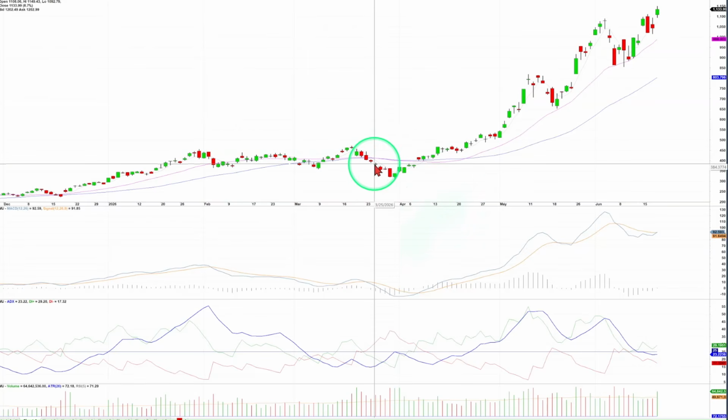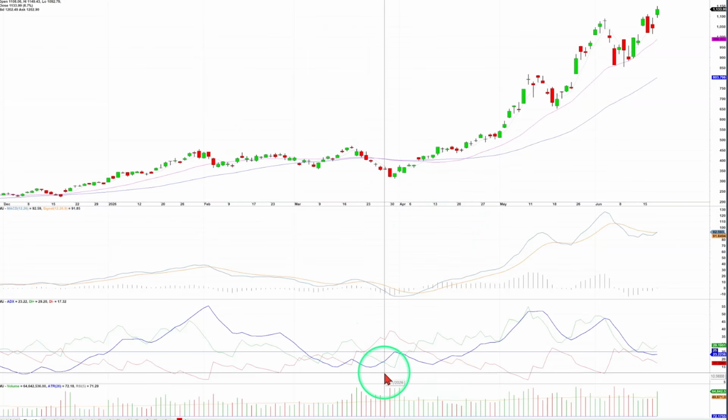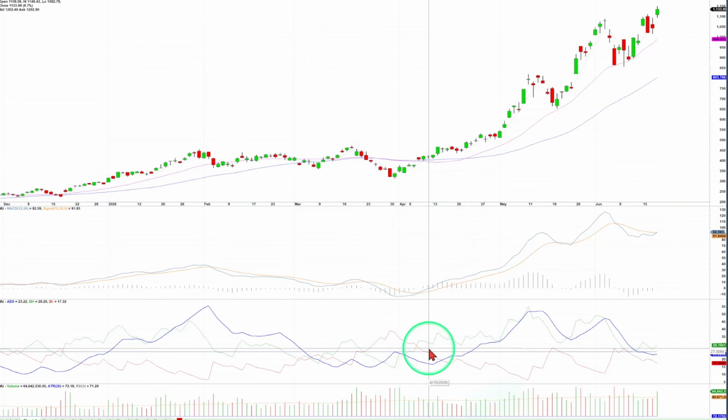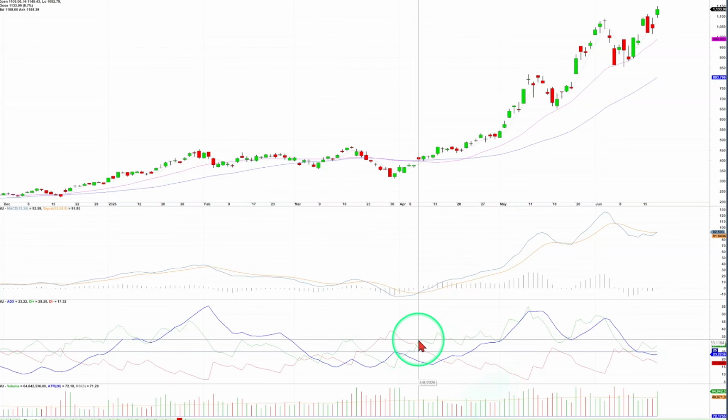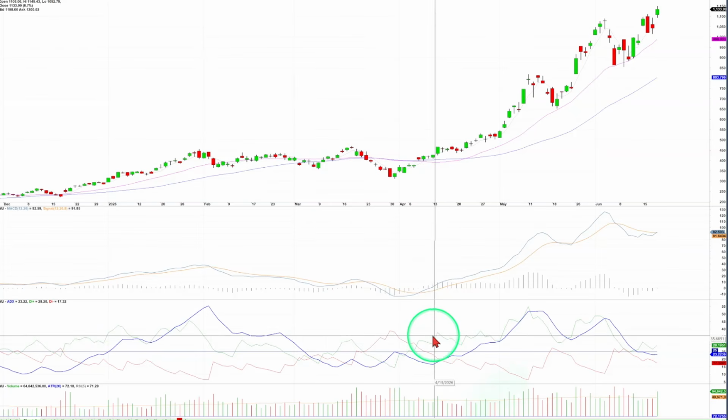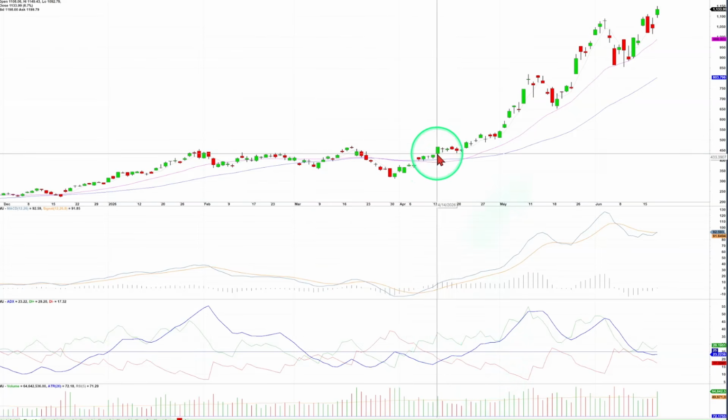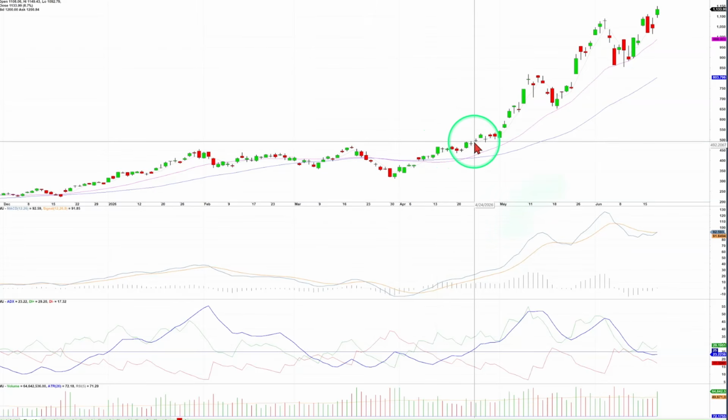We're neutral on the daily chart. We're still in an uptrend on the weekly. We're just waiting for signs that maybe the ADX is starting to kick back into gear. Green DI comes back above and holds. Now all of a sudden, this is turning back to positive, and I'm looking at a trend that starts to turn positive here. And now all of a sudden, the daily is positive along with the weekly again.